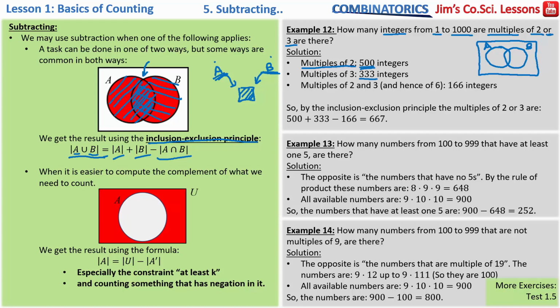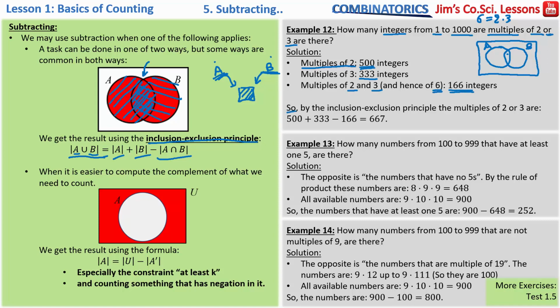And here is the problem, that there are some common elements. For example, the number 6 is written 2 multiplied by 3, and this is a number that is a multiple of 2 and also a multiple of 3. So we have to count how many multiples of 2 and 3 there are, and these are multiples of 6, and the number of multiples of 6 is 166.